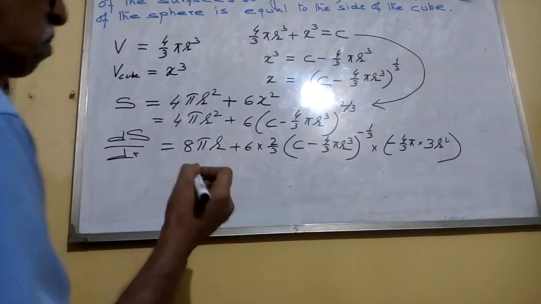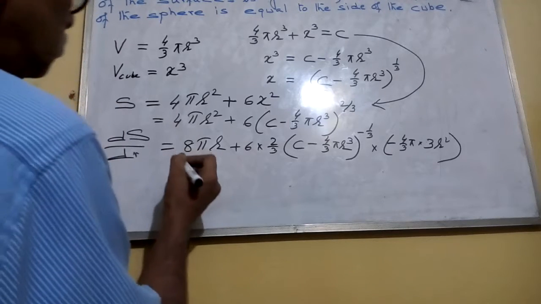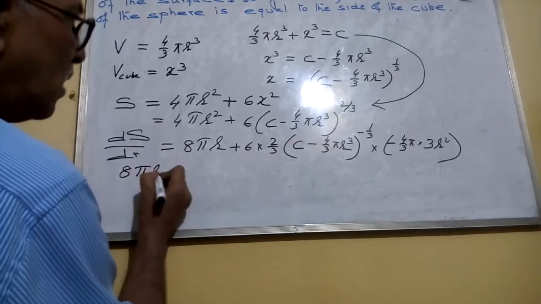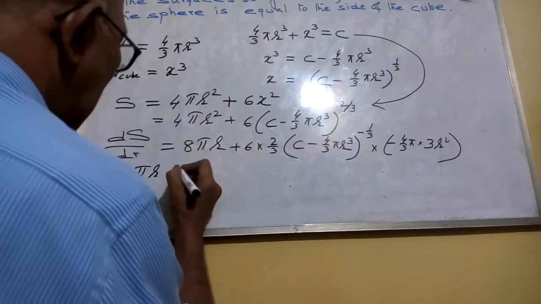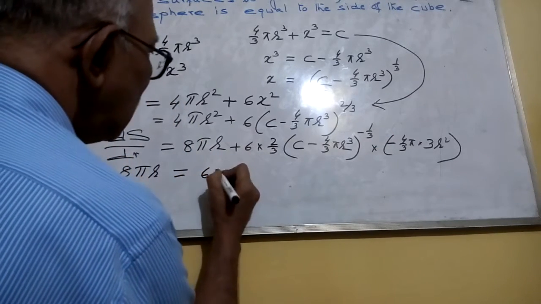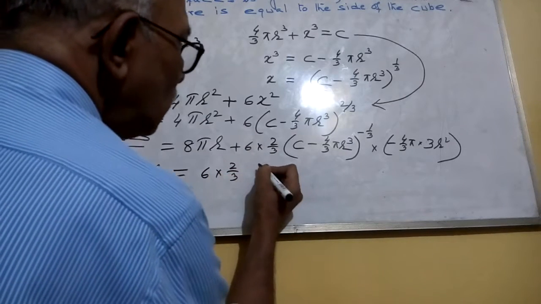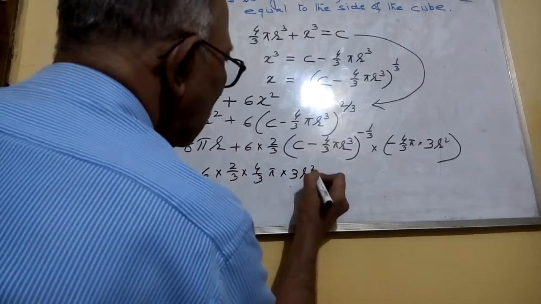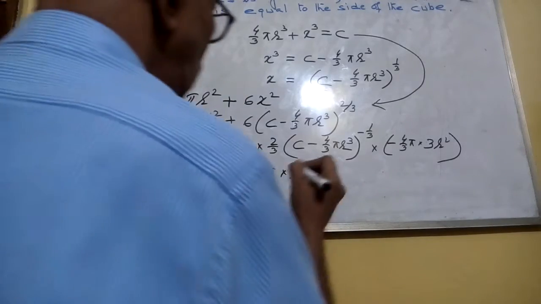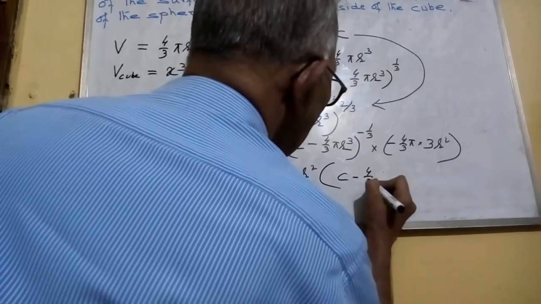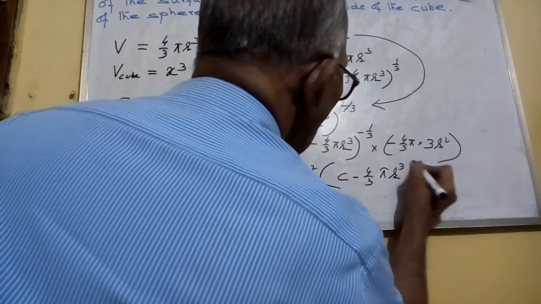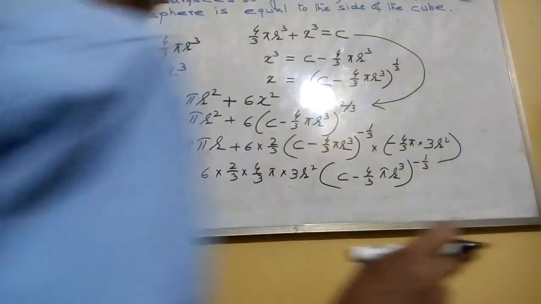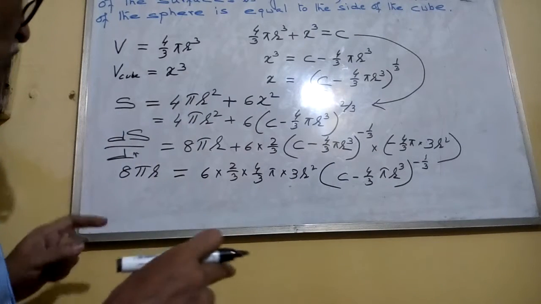So then 8πr, this minus will come here, equals 6 × 2/3 × 4/3 π × 3r² × (c − 4/3 πr³)^(−1/3). Again, we have to remember that when the surface is maximum, then dS/dr will be 0.